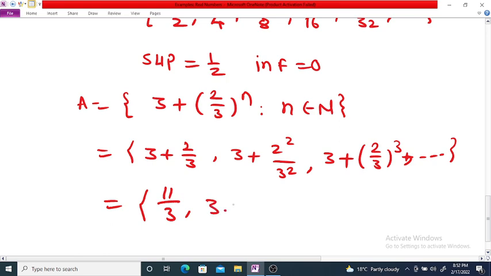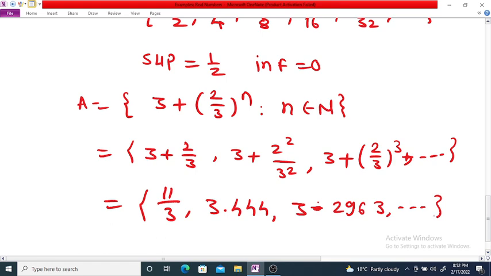So this is 3.444. Then next 3 plus (2/3)^3 is equal to 0.29, that is 3.2963, and so on.